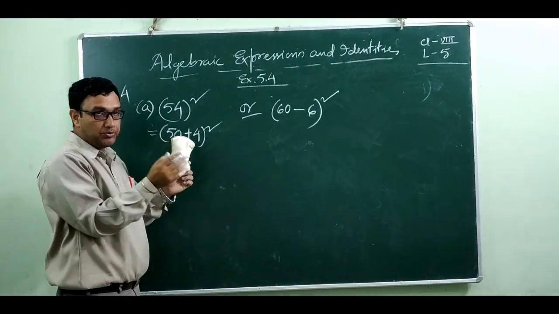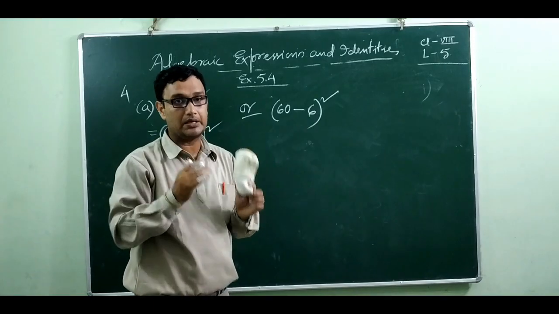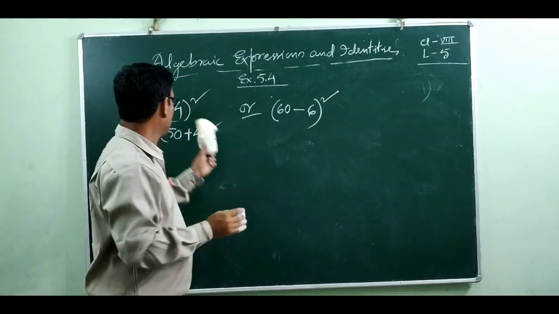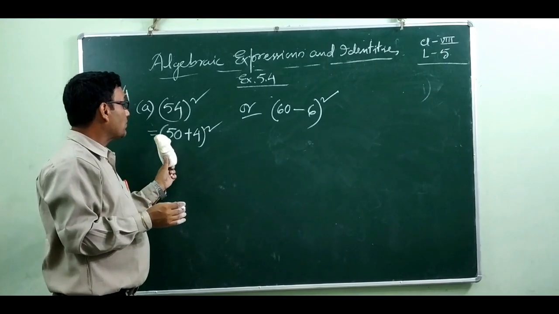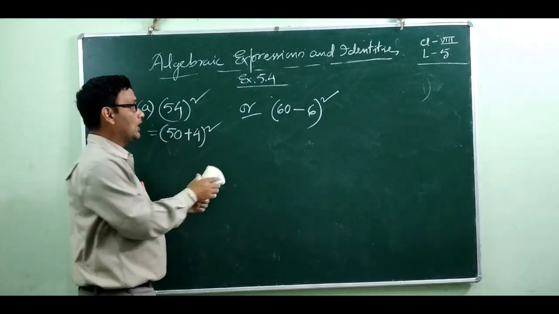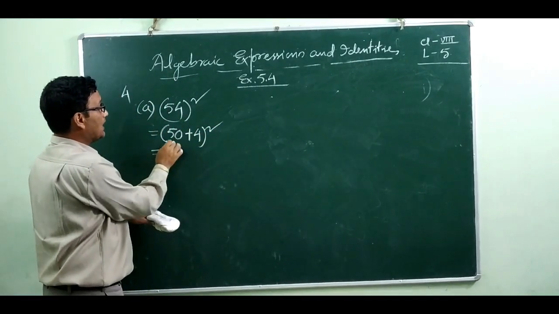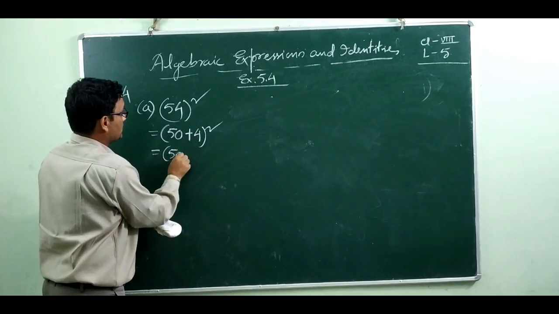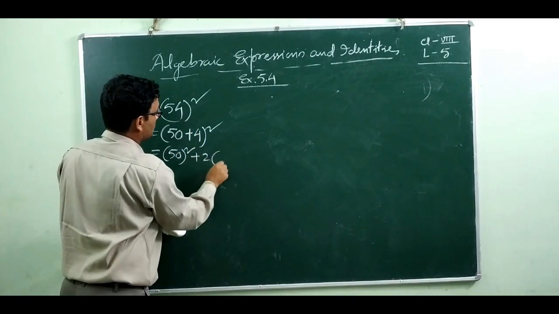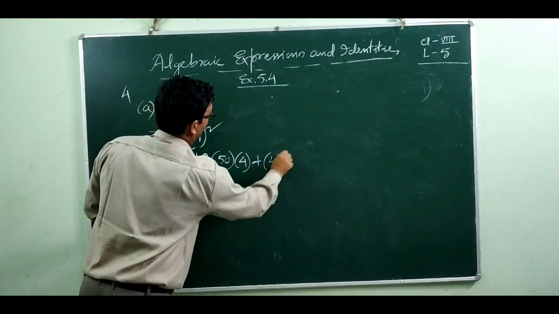But every time try to take the nearest ten's number. Which one will be nearest to 54? 50. That's why you will consider 50 plus 4. Here (a plus b) whole square formula, that means we will use a square plus 2 into a into b plus b square.